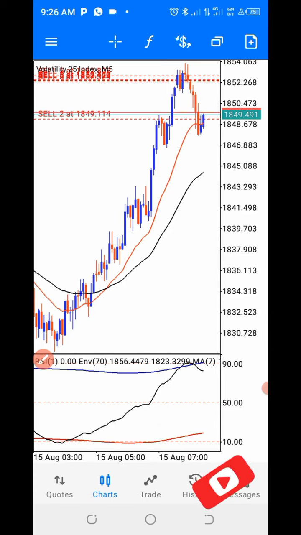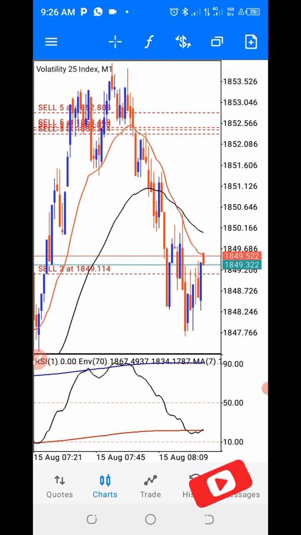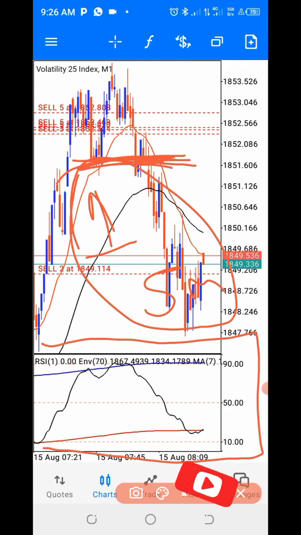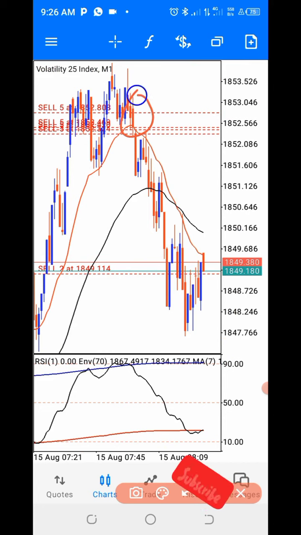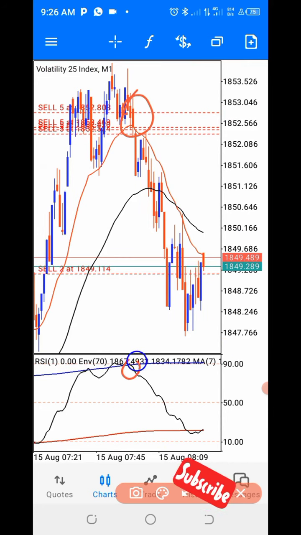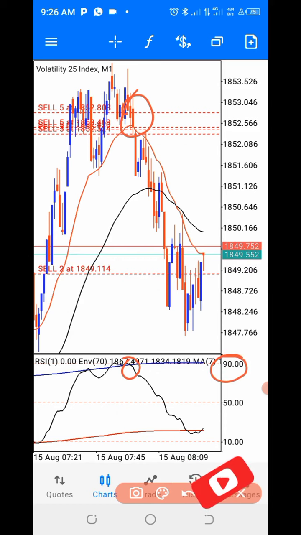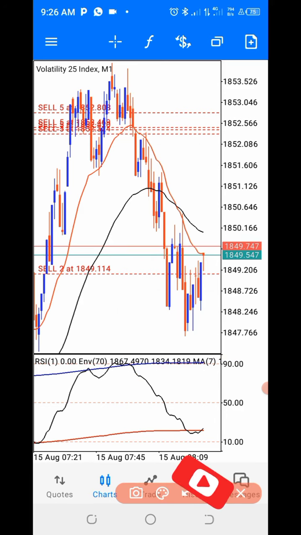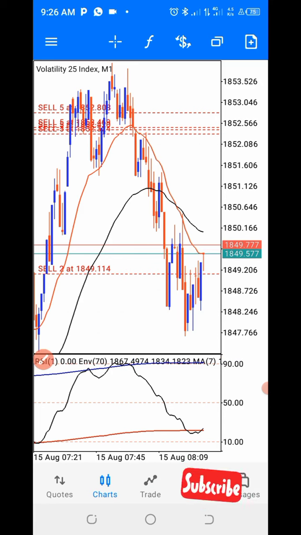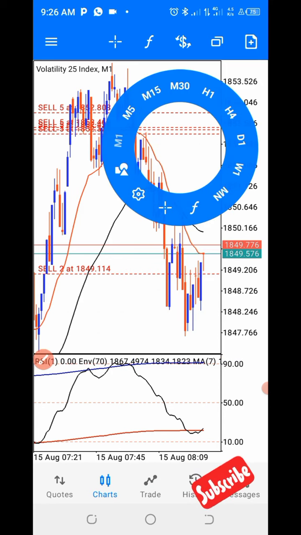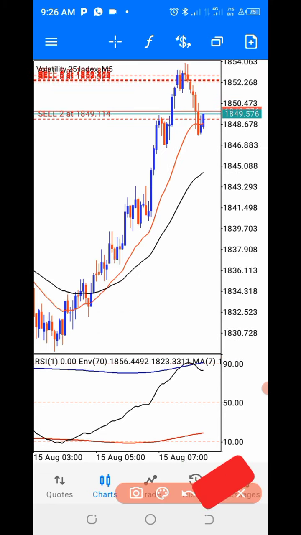Now if you look at our 1 minute time frame, when I took this entry here, you can see that my moving average, which is moving average 7, is actually at my 90 level. Then when we go down to our 5 minute time frame, which is our second higher time frame, you will see the same thing here too.